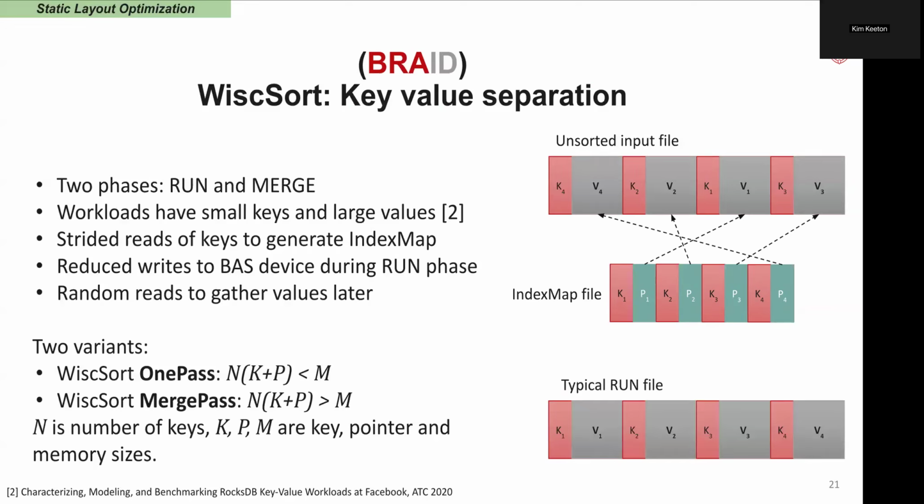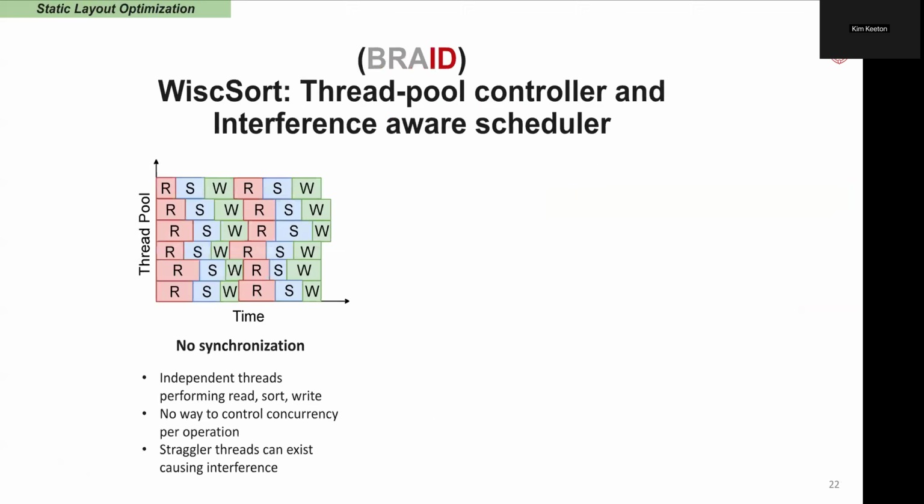Finally, we also do random reads to gather the values directly, complying with the R part. There are two variants to this, one pass and merge pass. One pass means that because we have less data in memory, you don't need the merge phase at all. You can do one-shot sorting of the whole system. Merge pass means you do the whole merge phase.